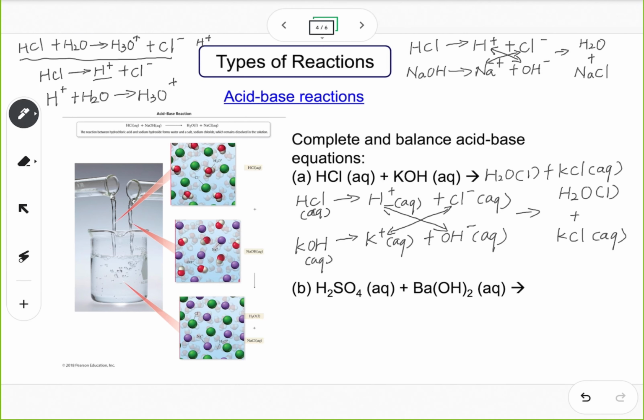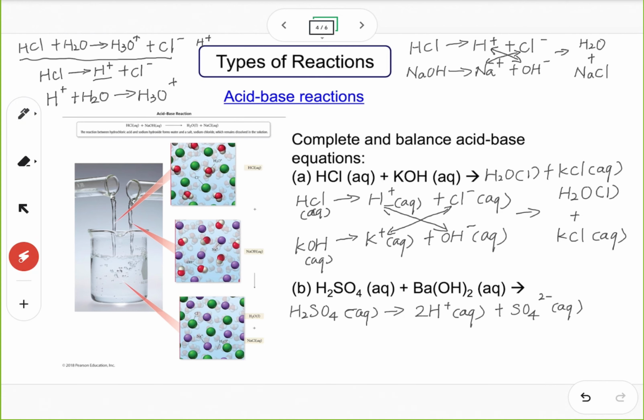Now, second example, these two reactants. Again, let's consider each one of them separately. For sulfuric acid, H2SO4, it will dissociate to give you two equivalents of proton and SO4 2 minus.